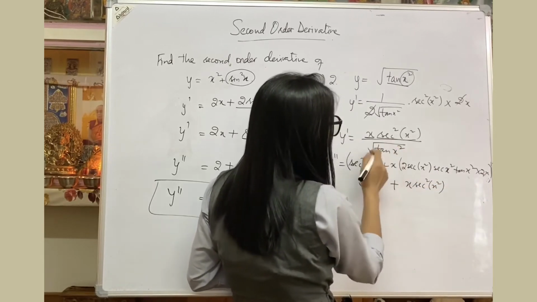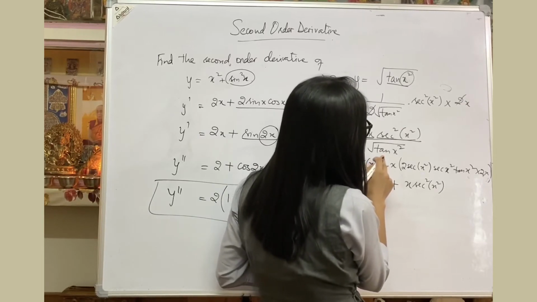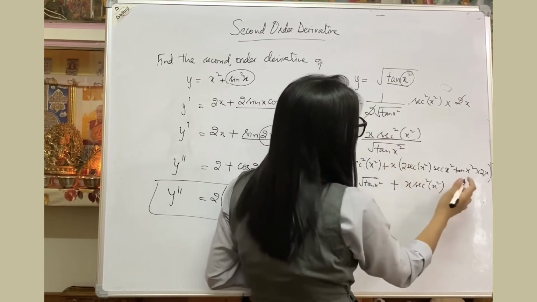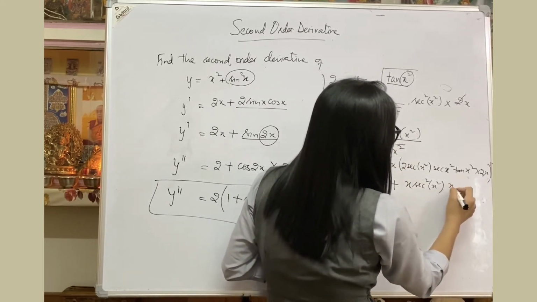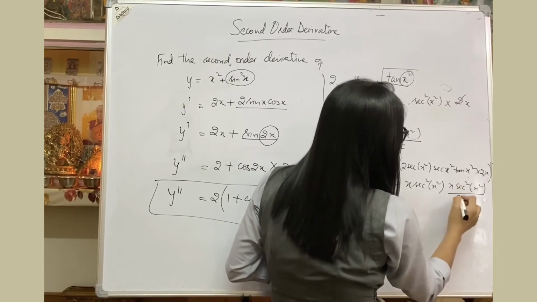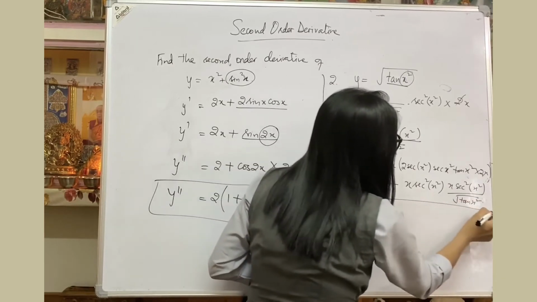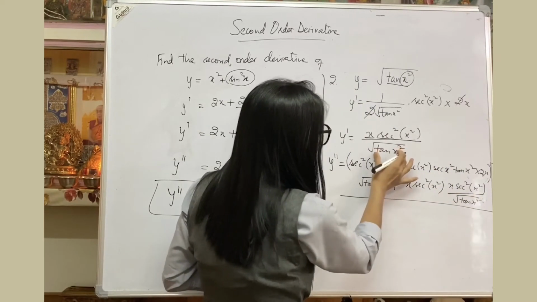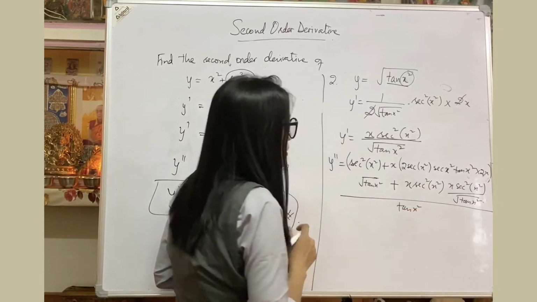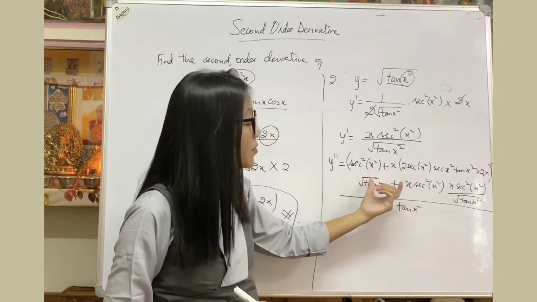Now you need to differentiate root tan x square. You'll get the same as over here because we had already differentiated this, so that will be sec square x square whole divided by root tan x square, all this divided by the denominator square, that is tan x square. Is it okay?